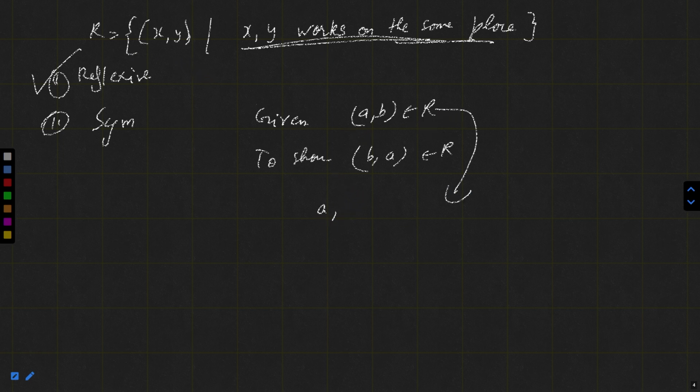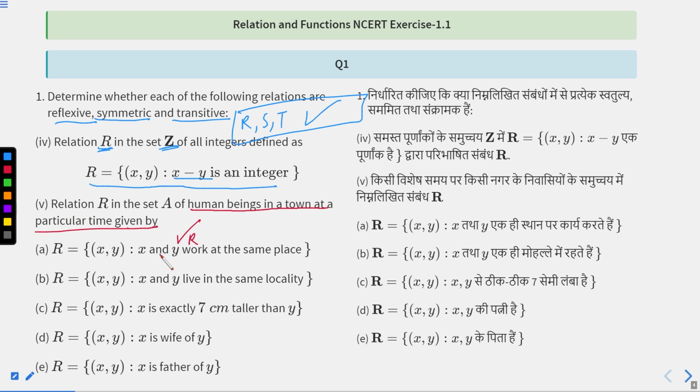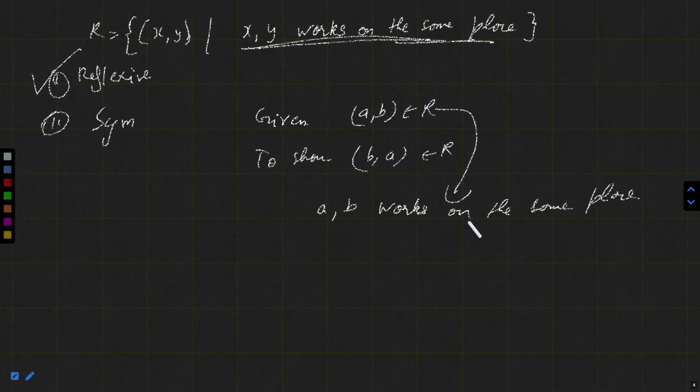This means a and b work at the same place. Yes, as it is given, a and b work at the same place.